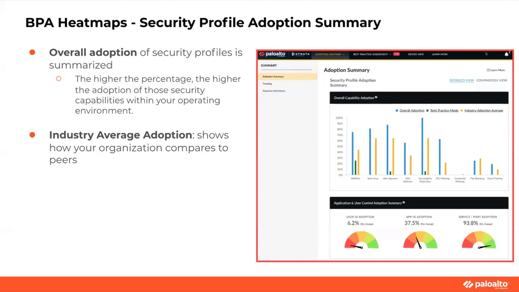Some of those include the overall adoption, the adoption versus your industry peers, the best practice mode, and the adoption on application and user-based policies. In the parentheses is the percentage change in the adoption since your last BPA. As I said earlier, we're tracking your BPAs over time, and we're showing if you're improving or decreasing since your previous BPA.